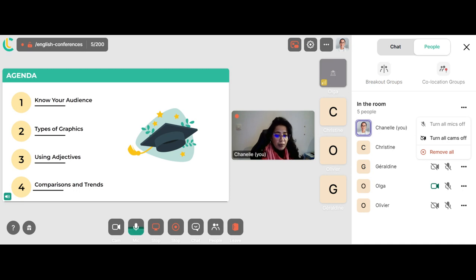Number 3 talks about using adjectives that help us describe certain parts of information. And for the last part, we are going to look at comparisons and trends, how people are displaying and showing their data these days.